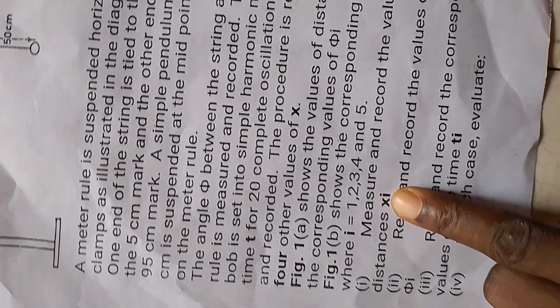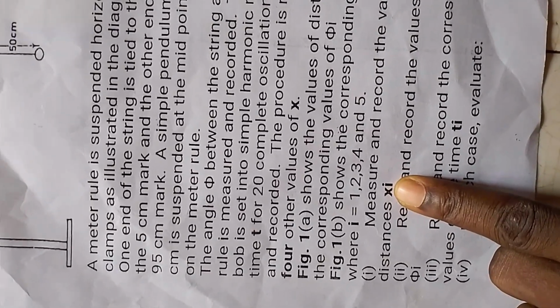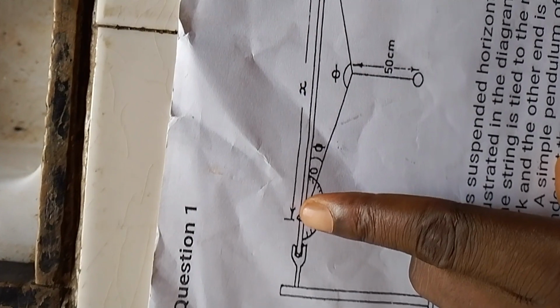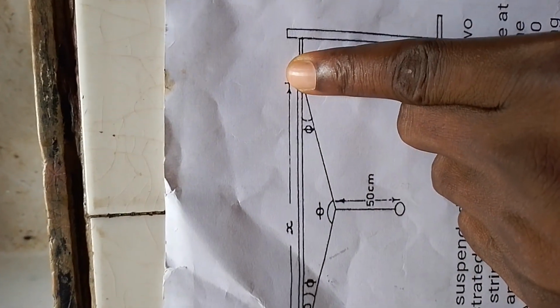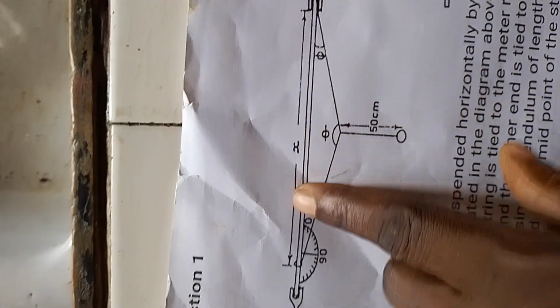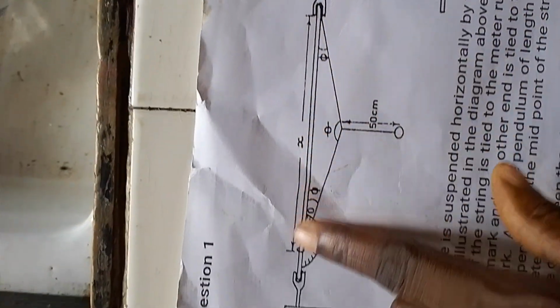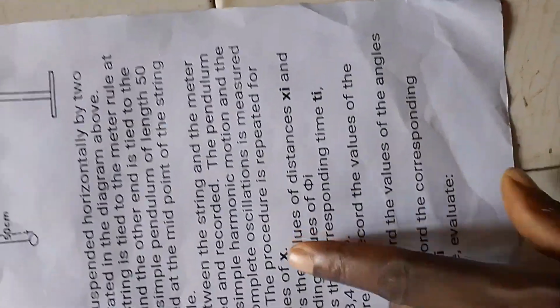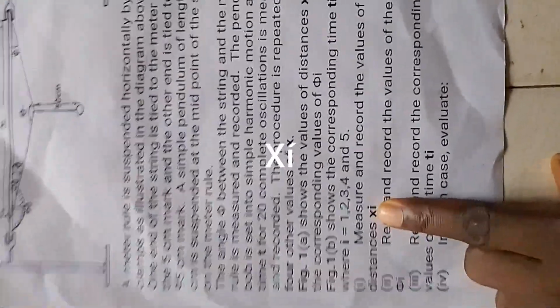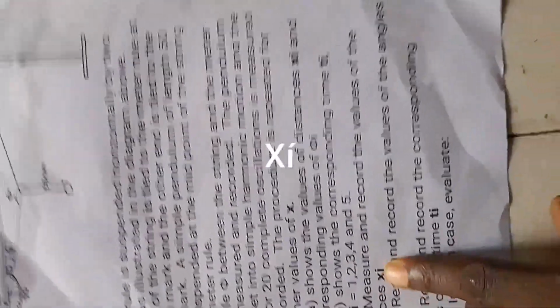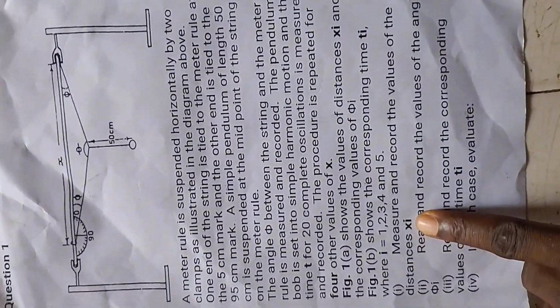It means the distance from here to the last point on the meter rule is what is referred to as x. But x1 means they are going to give us several distances. Do you understand that? So I am going to measure and record the values of the distances xi.